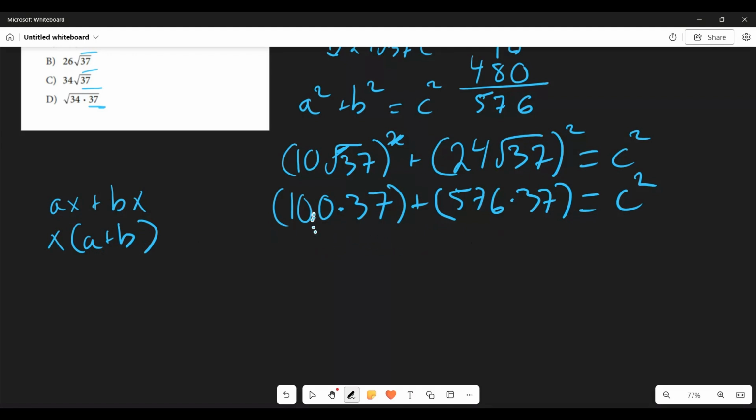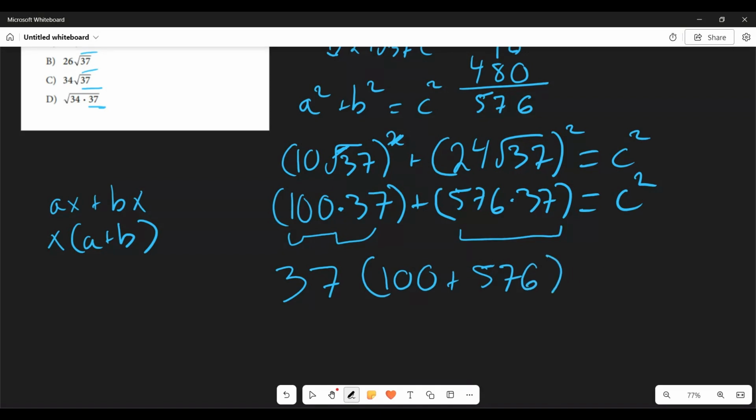I'm going to factor out the common term amongst these two terms, which is 37. So we get 37 times 100 plus 576 is equal to c squared.